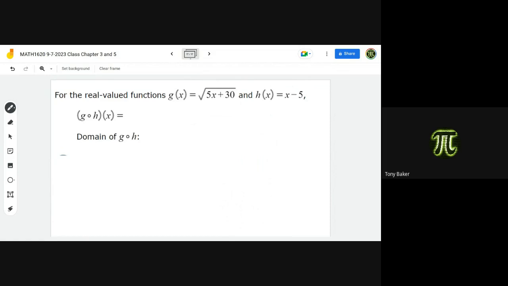So it's G of H of X. So it's G of X minus 5. So I've got 5, X minus 5 plus 30.